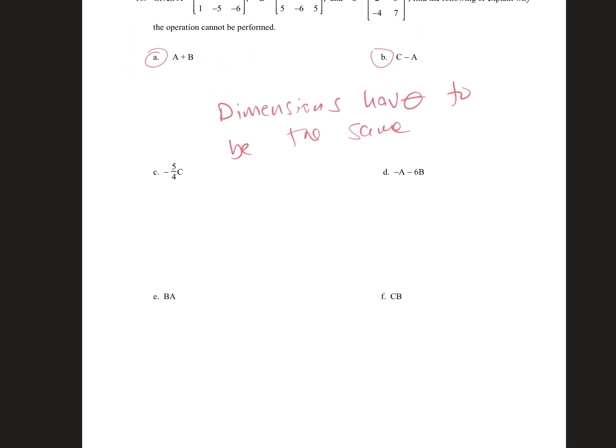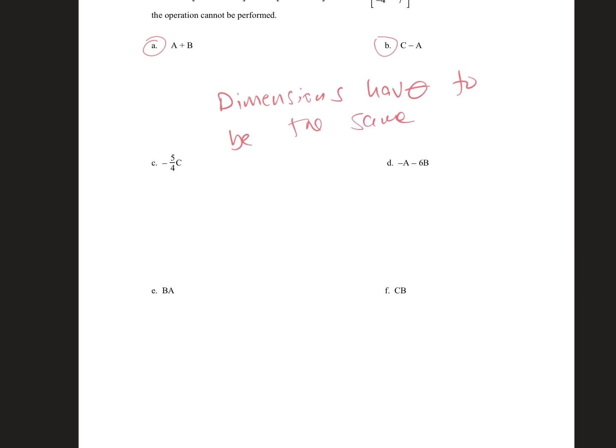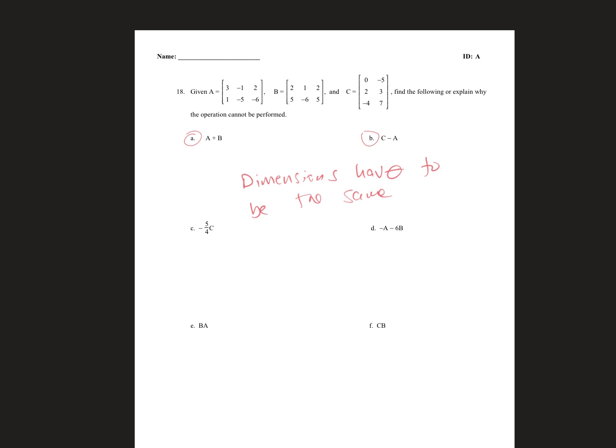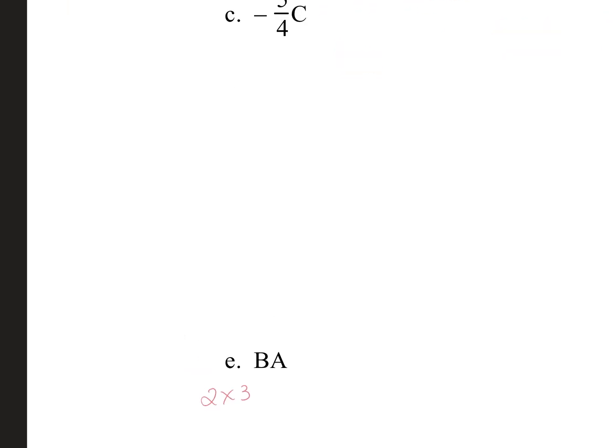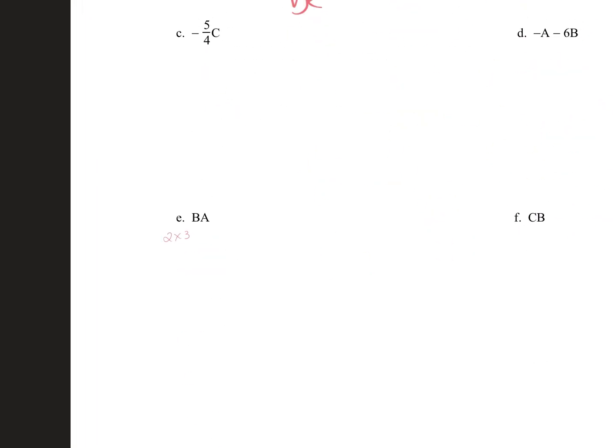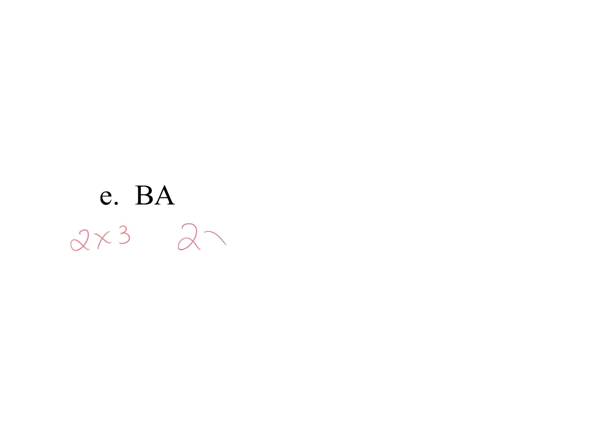Now, the last two are multiplication. B times A. What are the dimensions of the B matrix? It's a 2 by 3. Okay, B is a 2 by 3. What is A? It's a 2 by 3.